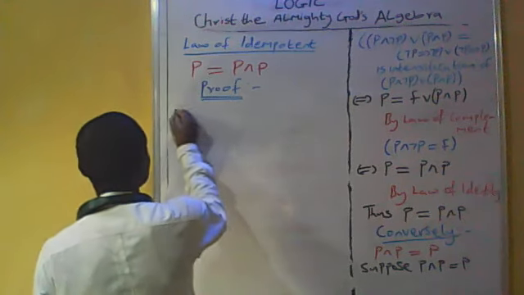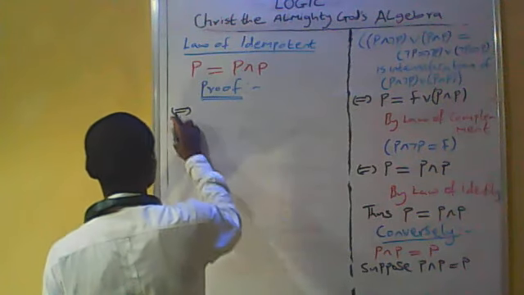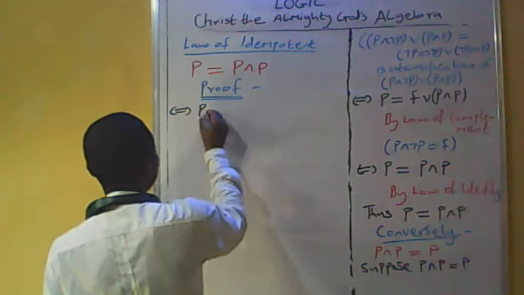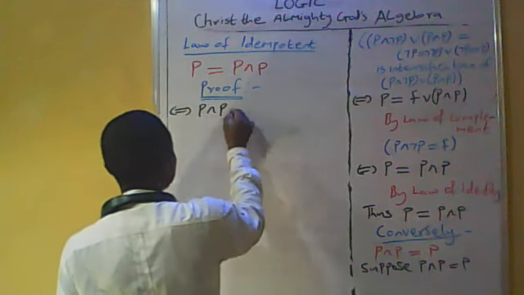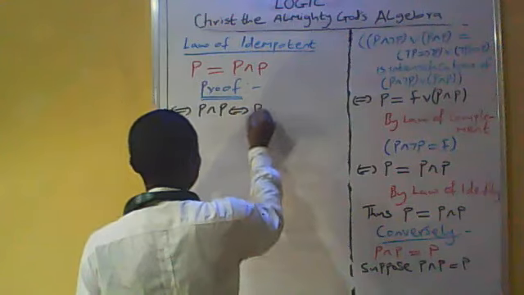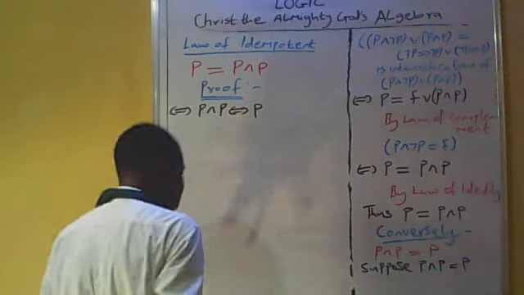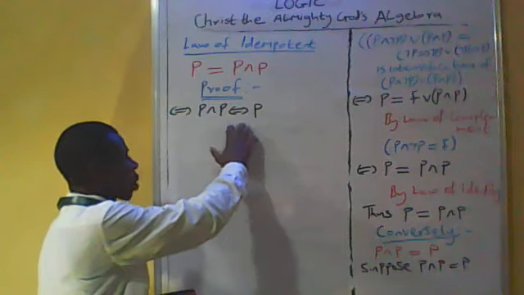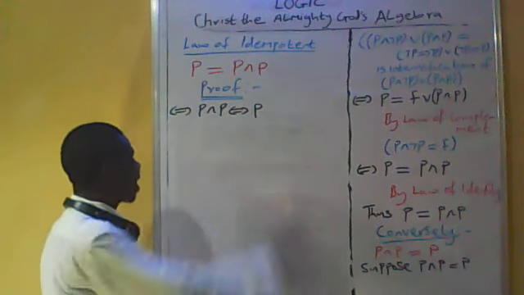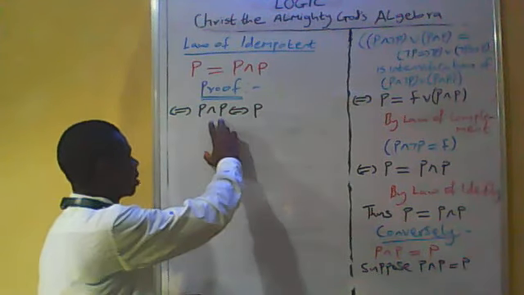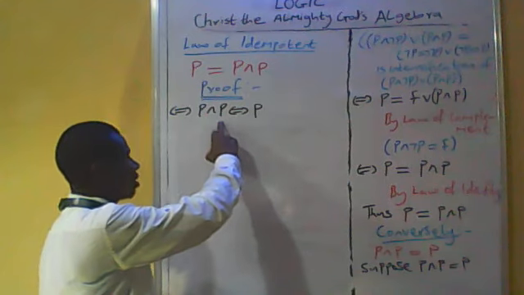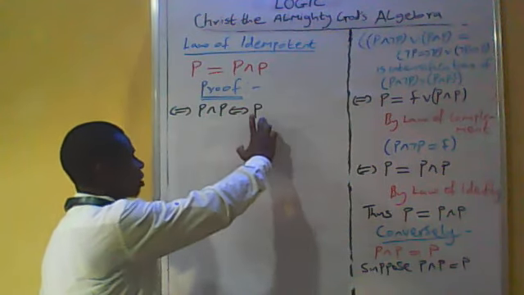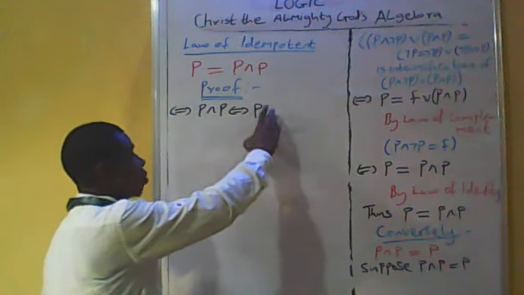So if and only if: P and P if and only if P. You see that in this statement, called a biconditional statement, whenever P and P, that is the left side, is true, also P, that is the right side, must also be true.